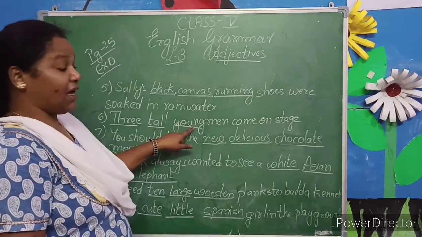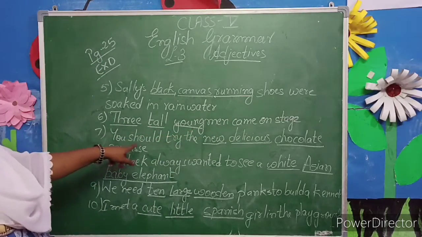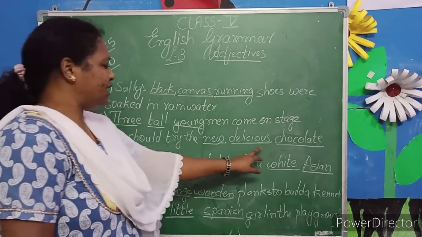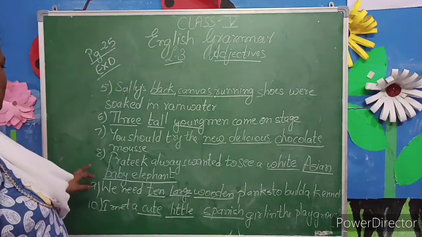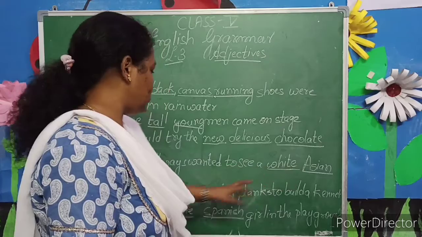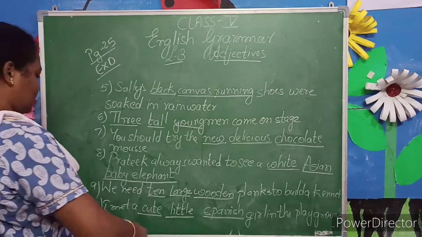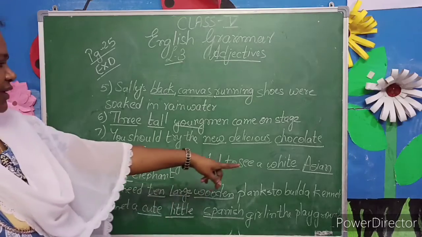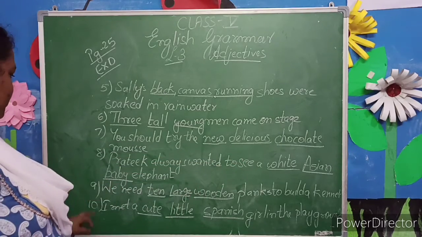Three tall young. Seventh one: You should try the new delicious chocolate mousse. New delicious chocolate. Eighth one: Pratik always wanted to see a white Asian baby elephant. White Asian baby elephant.